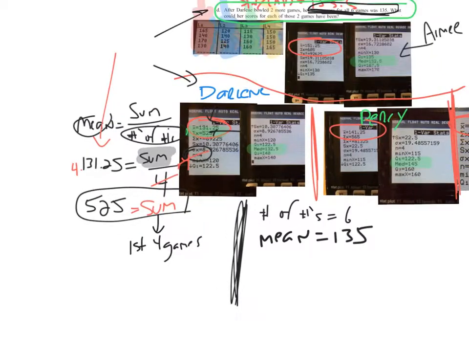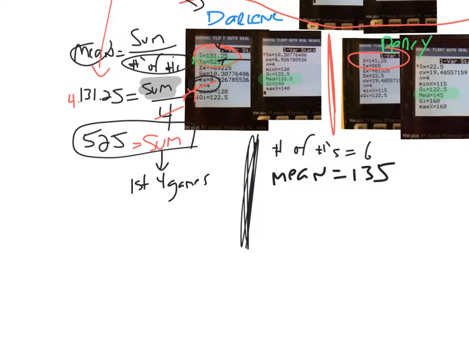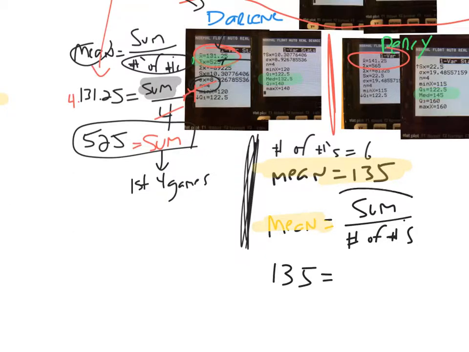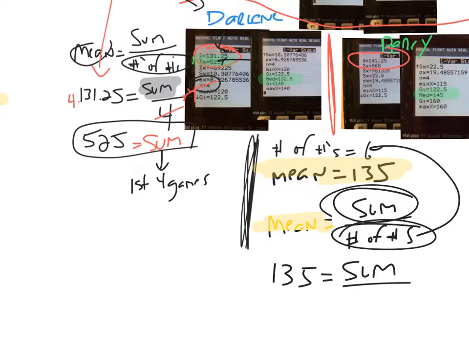So what I could do is again use that formula. I know the mean is equal to the sum divided by the number of numbers. Here the question said her mean after bowling 2 more games went up to 135. So here I'm going to try to figure out the sum now of her 6 games.